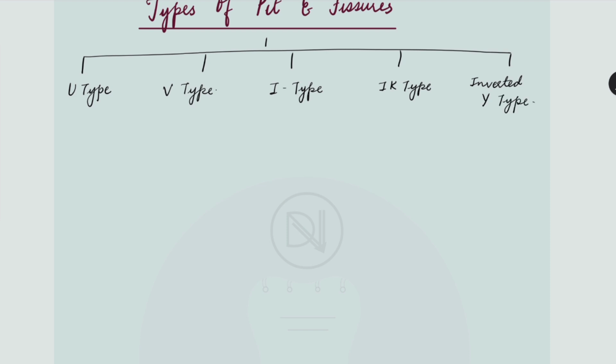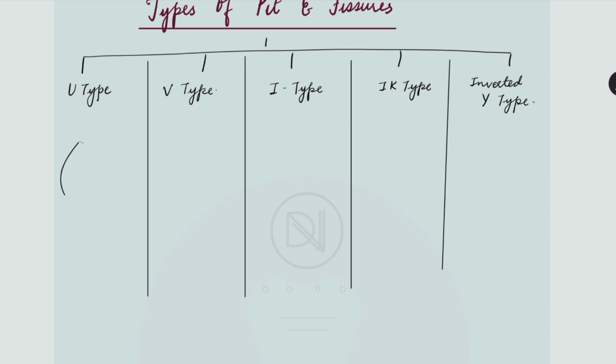Now here I am drawing, suppose this is a tooth structure. This is your U type. Over here, this is your V type. Over here, this is your I type. Here, the surface is your IK type.